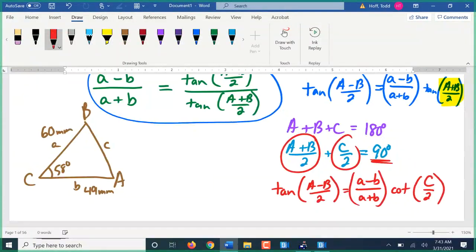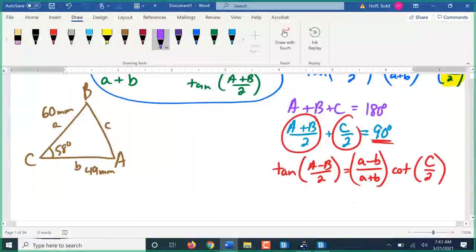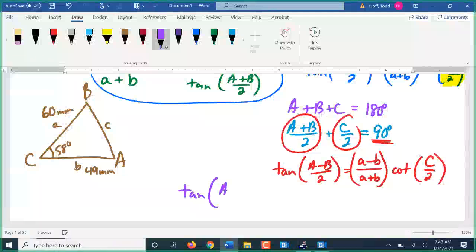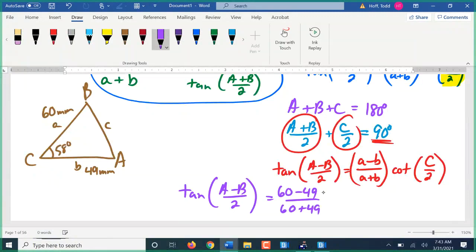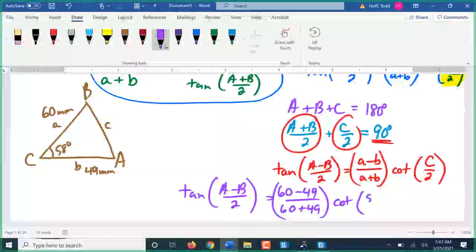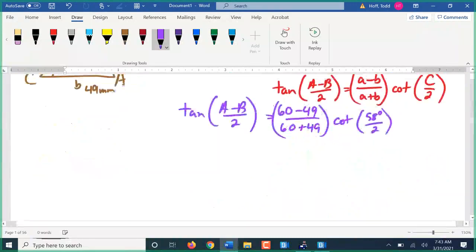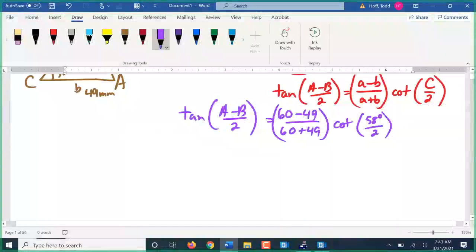So for this triangle here now, I can set up that formula. Tangent of (A minus B) over 2 is equal to (60 minus 49) over (60 plus 49), times cotangent of 58 over 2. Now I can do a lot of calculating here.